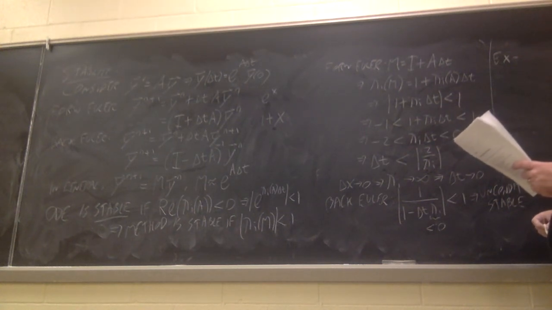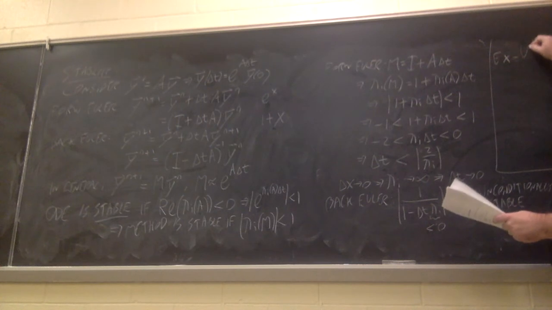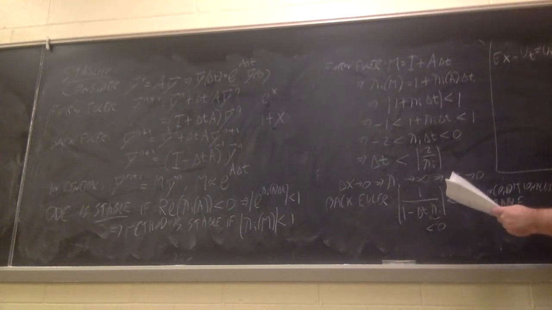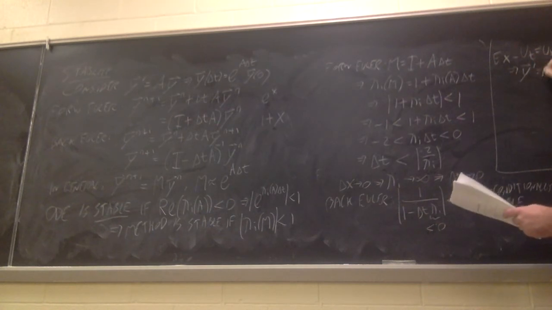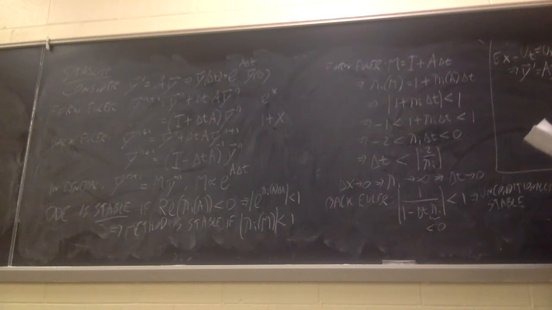Let's suppose we have u_t equals u_xx. So that leads to a system of ODEs, y prime is equal to Ay, where A is the same old center difference matrix that you're probably sick of by now.